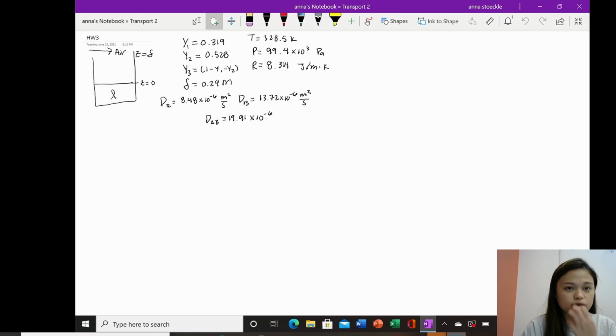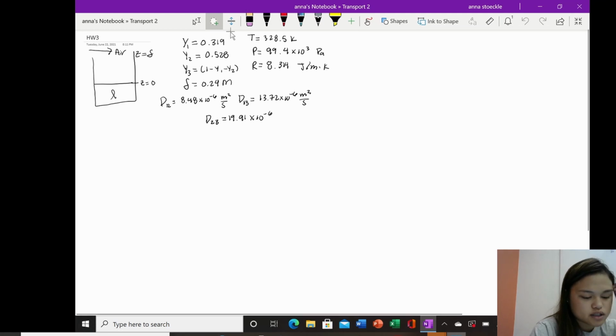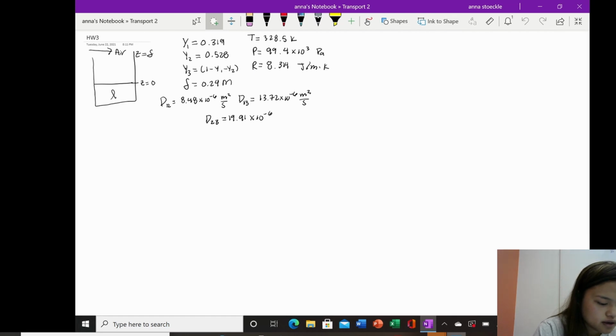Here are all of our constants, all of our given conditions. Y1 is the mole fraction of acetone, and that is 3.19. The mole fraction for methanol is 0.528.